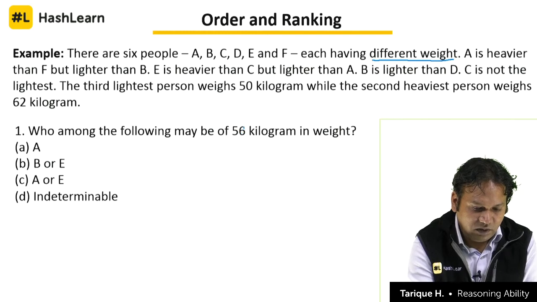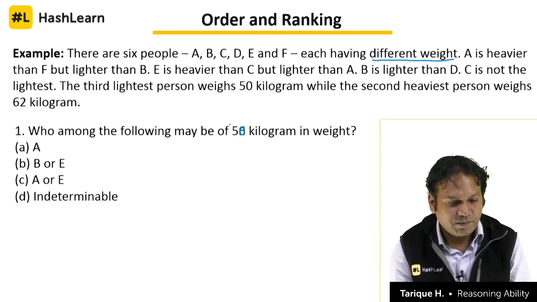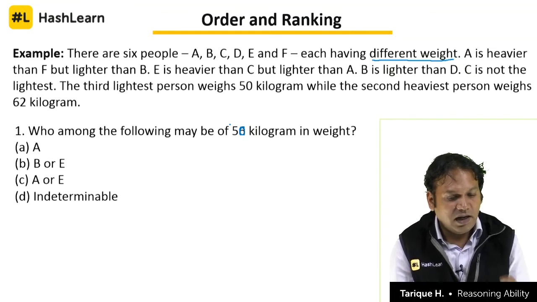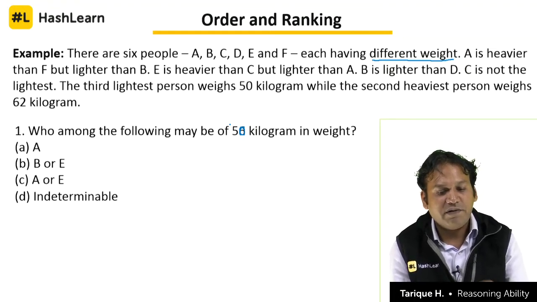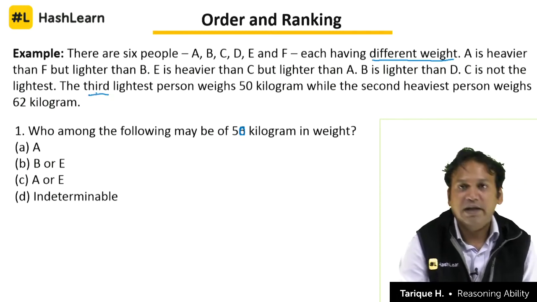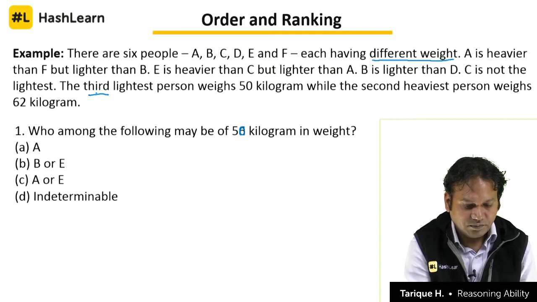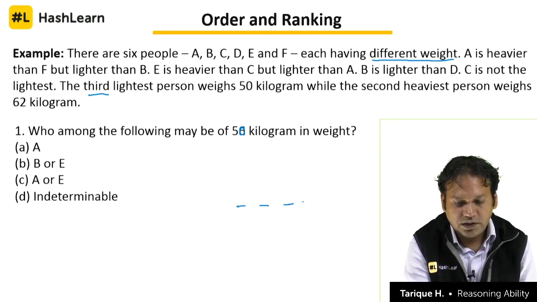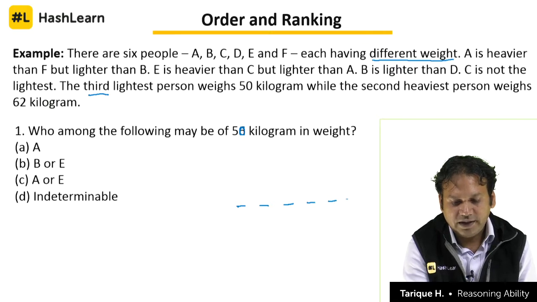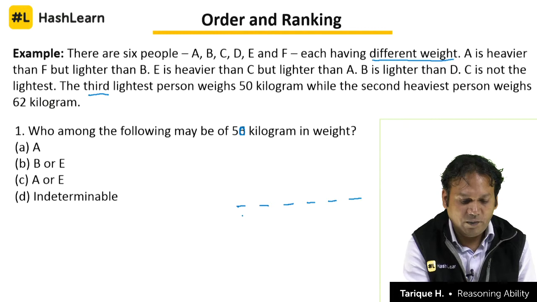Let's take 50 kilograms here. I think some data mistake is here. The third lightest person weighs 50 kilograms. So who is the third lightest person? There are 6 persons: 1, 2, 3, 4, 5 and 6. Let us say we are ranking them from heaviest to lightest.